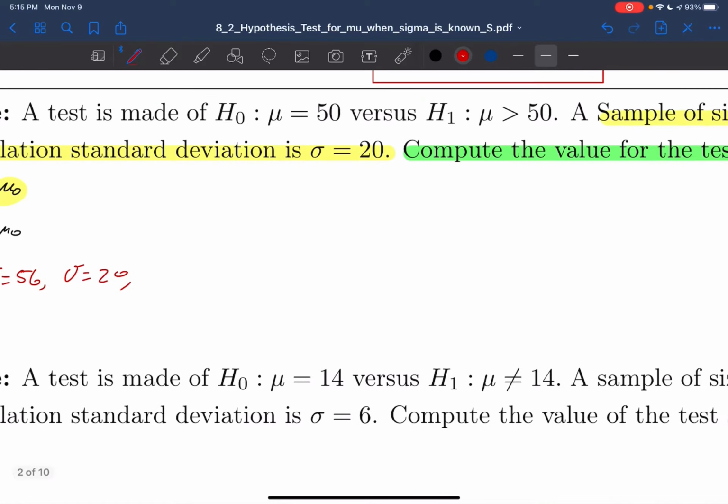So z, I'm going to write it in blue, is equal to x bar minus mu naught divided by sigma over square root of n. If you want to compute the denominator first and then plug it in, you could do that, or you could put all the values in at once in your calculator. It's totally up to you.